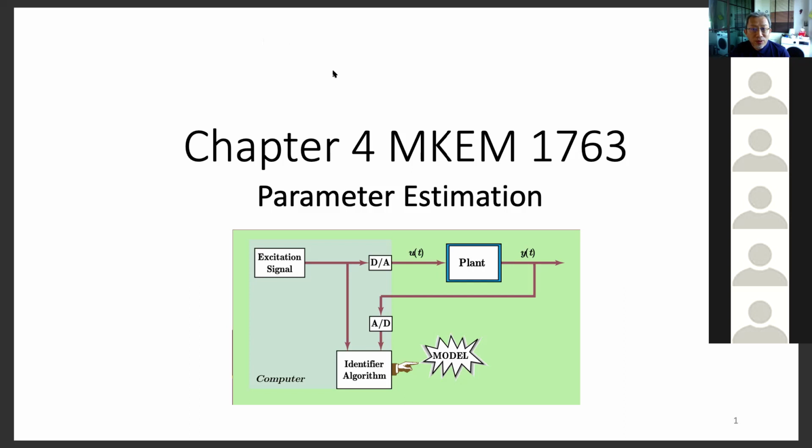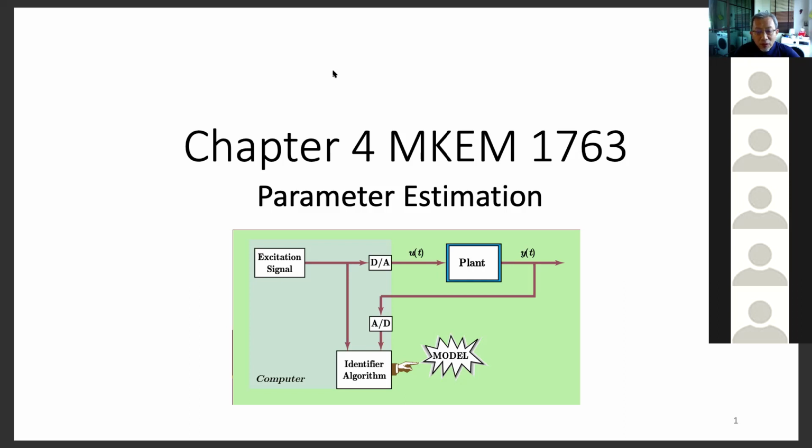Okay, so let's move to the next chapter, which is chapter 4, Mkem1763, under the title of Parameter Estimations, where previously we learned about how to conduct experiments with a specific input signal, okay? For example, sine wave, PRBS, step, impulse, and so on.